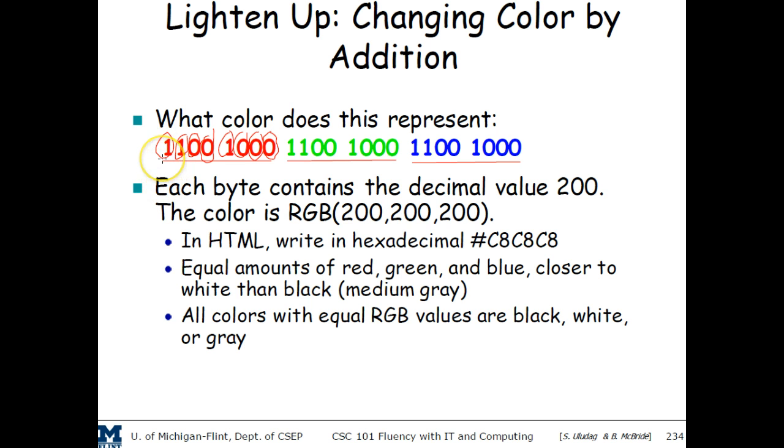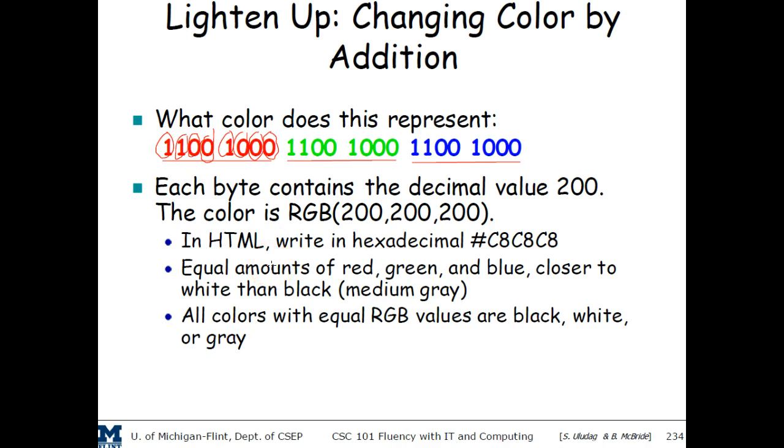So we have 128 plus 64 is 192, plus 8 is 200. So this binary pattern represents 200 in the amount of red, green, and blue in a given pixel. And that gives us a medium gray.